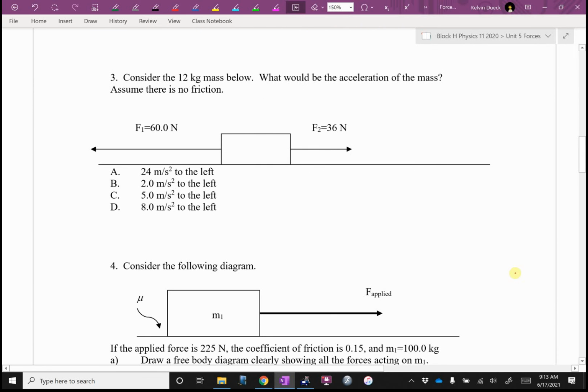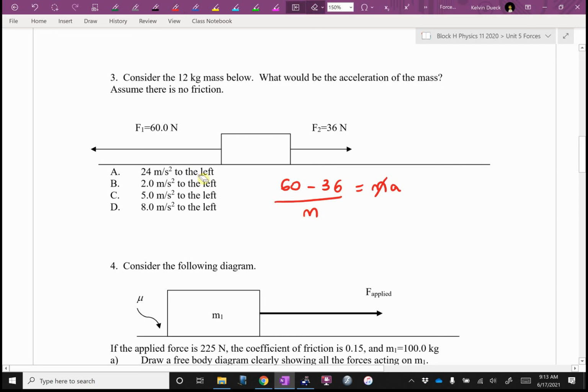Number 3. Here's an example of kind of a medium multiple choicey question. Who's winning? It's got to be the 60. I think my equation is going to be winner minus loser equals MA. I didn't even do a full free body diagram because they kind of did the crucial part of it for me with those arrows. And I said, oh, you want me to find A? Divided by m.